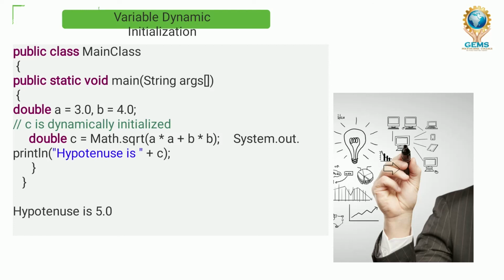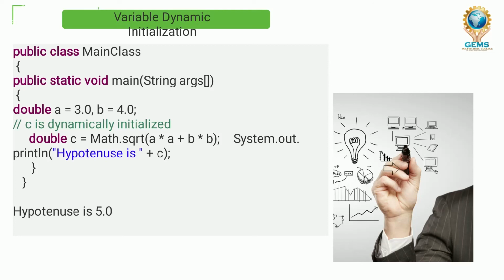In dynamic initialization, it follows the formula and calculates according to the formula. It gives one output, and that output is stored in a particular memory location, especially in variable c.